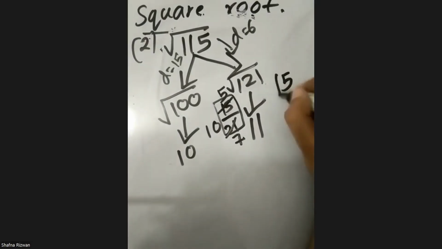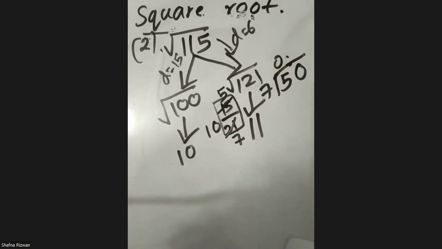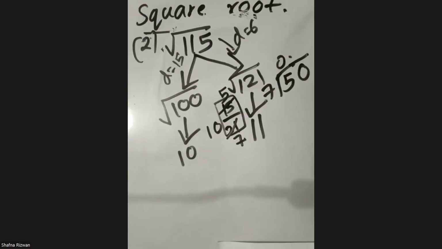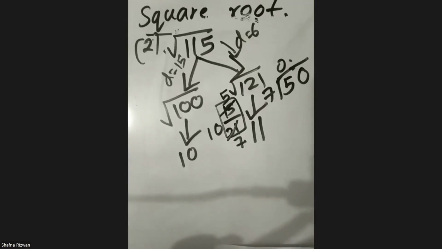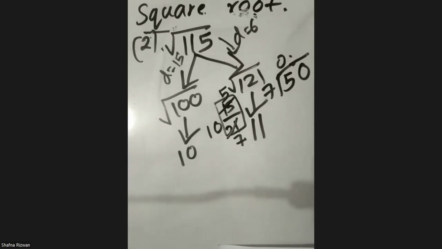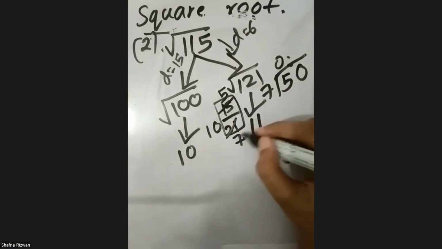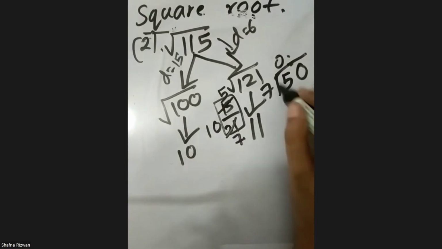Now divide 5 by 7. How many 7 do you have inside 5? 0. Bring this 0. So when I'm dividing this 5 by 7, do you have 7 inside 5?